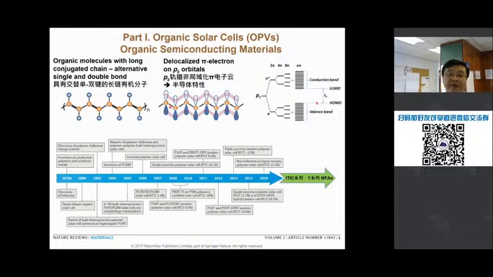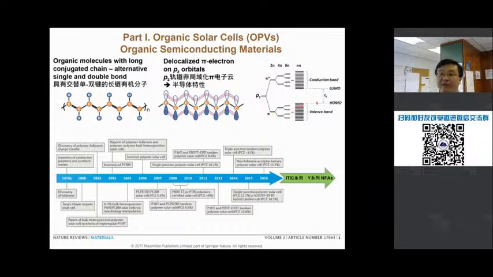They have the pz orbitals, and these electron clouds can share, so it's delocalized. Then you have the semiconducting properties there, and you can mimic this in organic semiconductors.